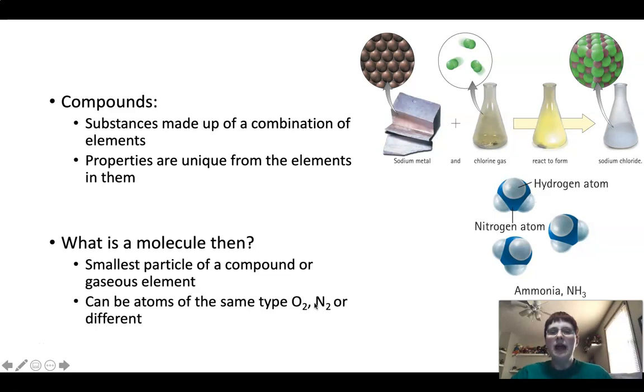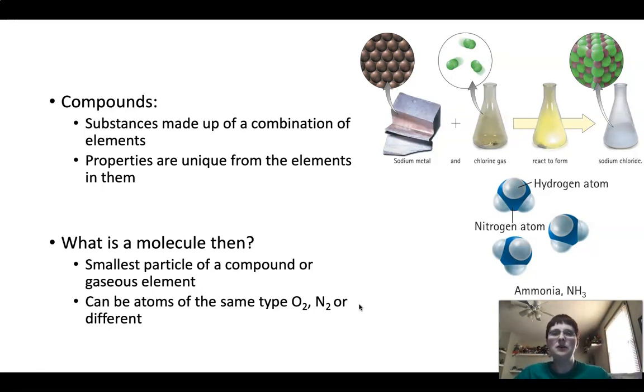Or you can have atoms of the same type to make up a gaseous element, for example, oxygen or nitrogen gas. Hydrogen is another one. They've got multiple atoms bound together. You can even have technically a molecule of helium, but that's actually just single atoms.